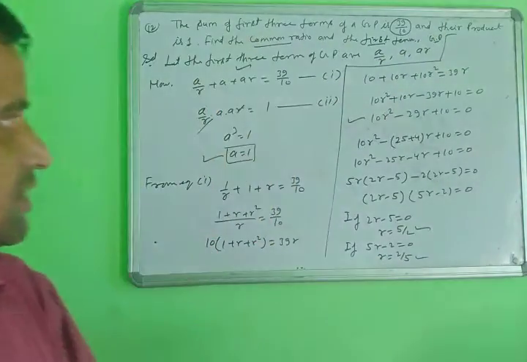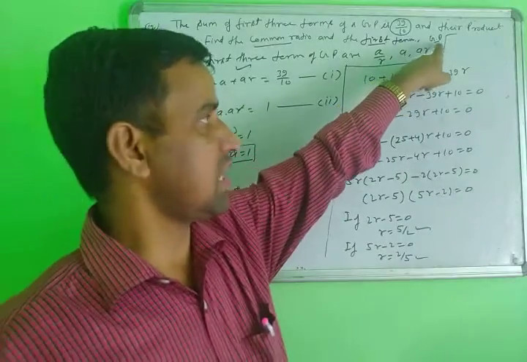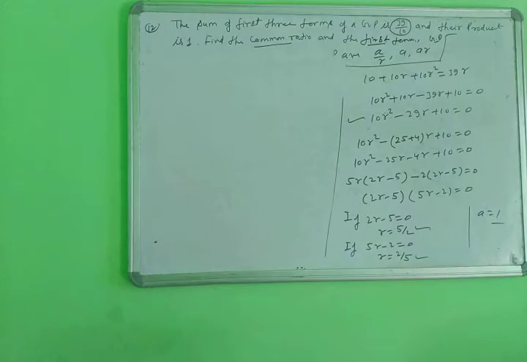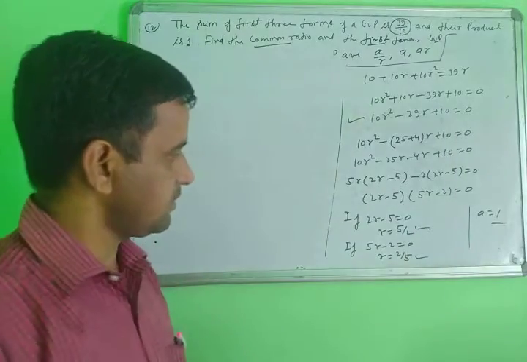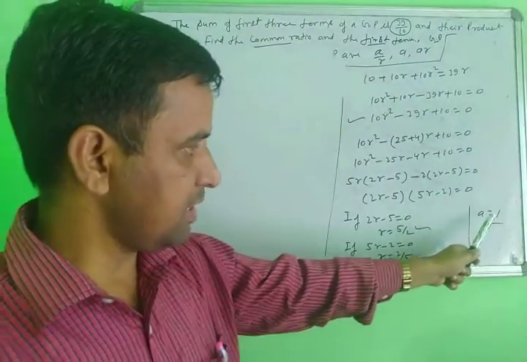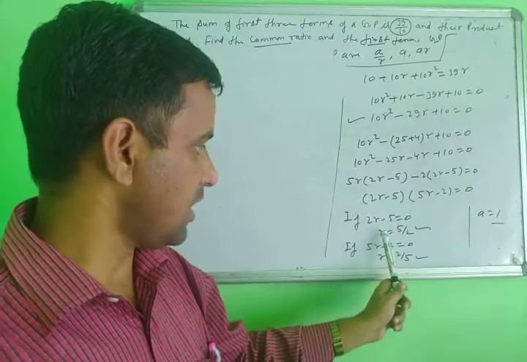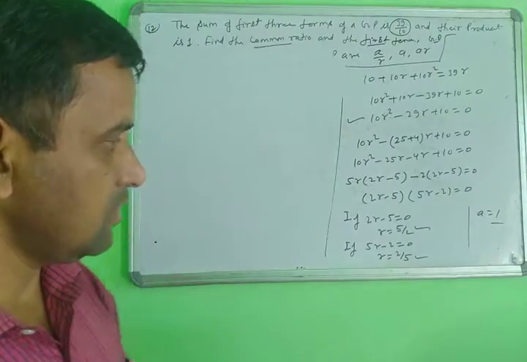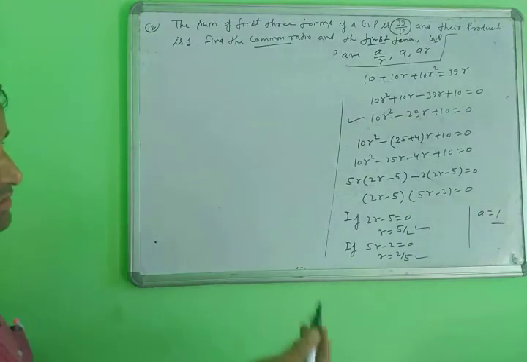Yes, note it down. This is the work left: finding the terms of the GP. The value of a is 1 and the value of r is 5 by 2 and 2 by 5. You put these in, then you will get the answer.